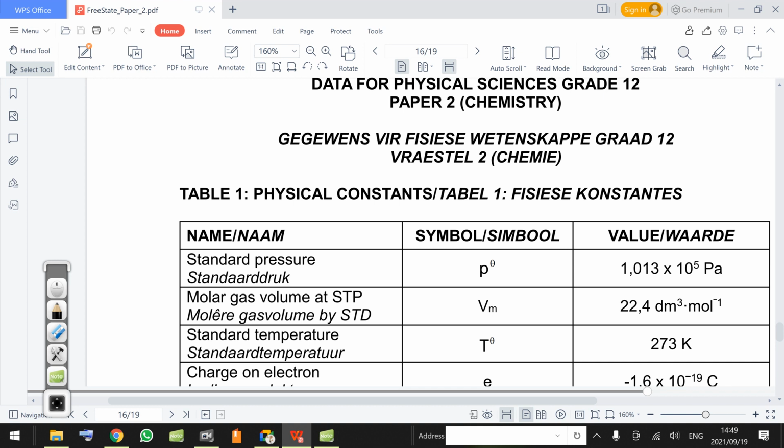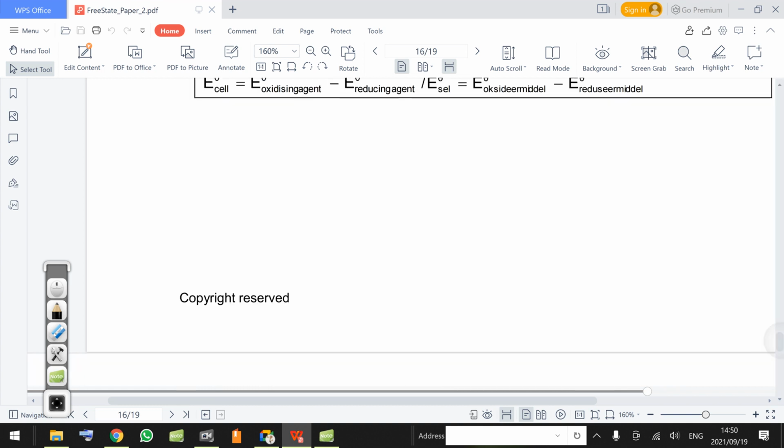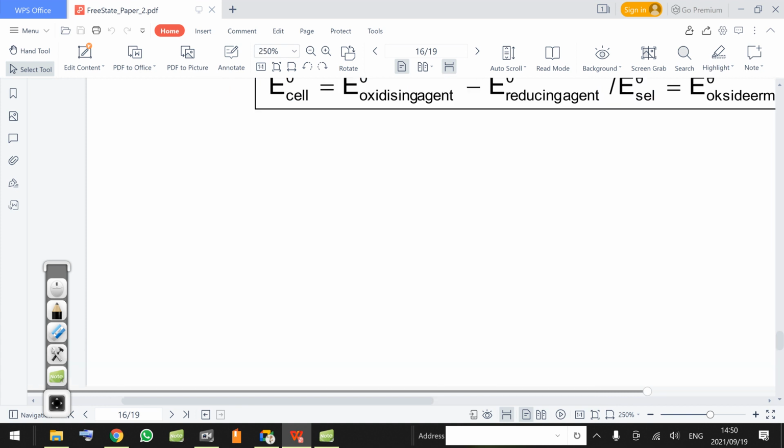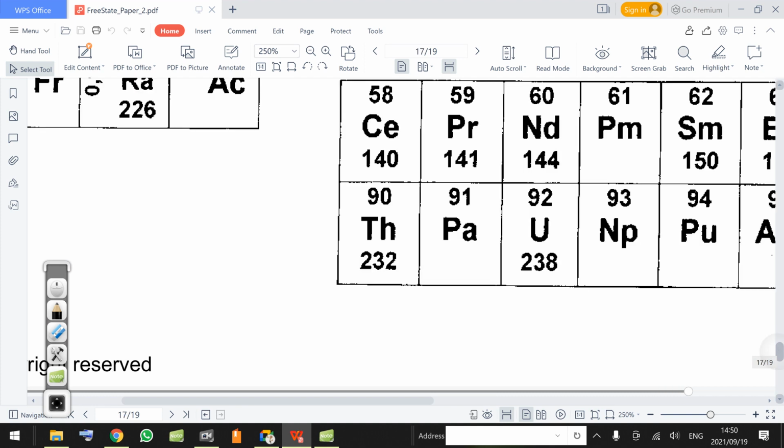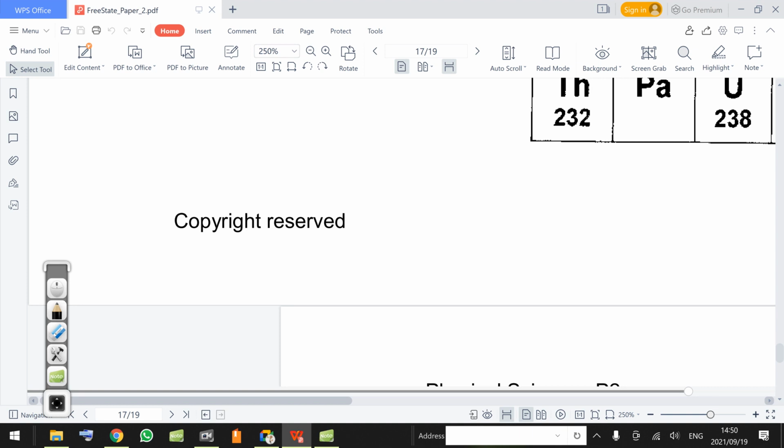Sophie, I'm going to answer your question. All right? Now, standard pressure is 1,013 times 10 to the power 5, or what you call 1 atmosphere. There's no need to cram it. Just go to your formula page. Guys, please understand, it is your right to copy. It is your student scientific right to copy. Copyright reserved.